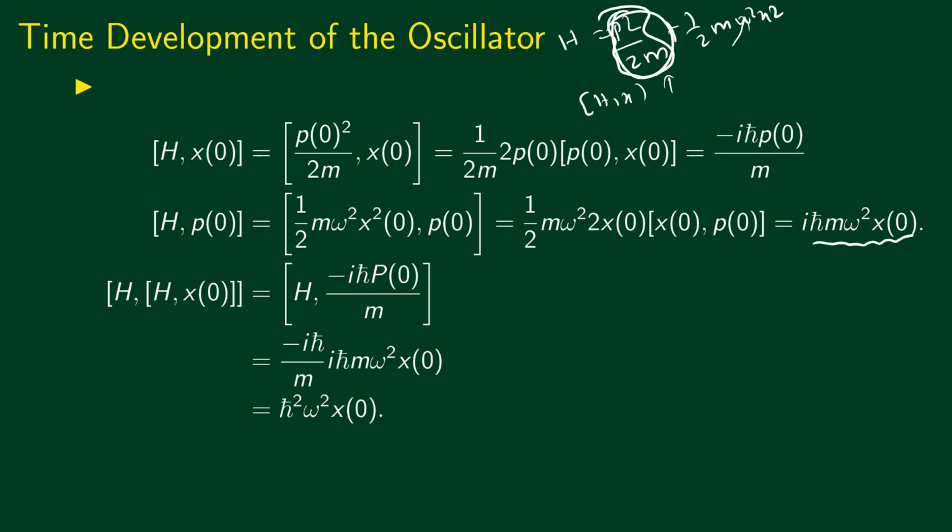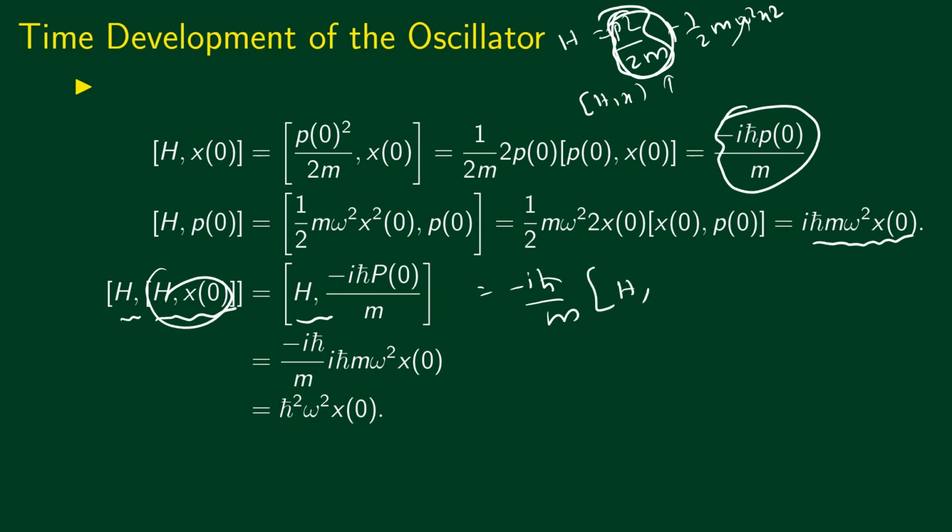Let's also find the commutator of h with the commutator of h and x of 0. But the commutator of h and x of 0 we already found to be minus i h bar p of 0 divided by m. So what we need is the commutator of h with minus i h bar p of 0 divided by m. And this is equal to minus i h bar divided by m multiplying the commutator of h with p of 0. And the commutator of h with p of 0 is already found here.